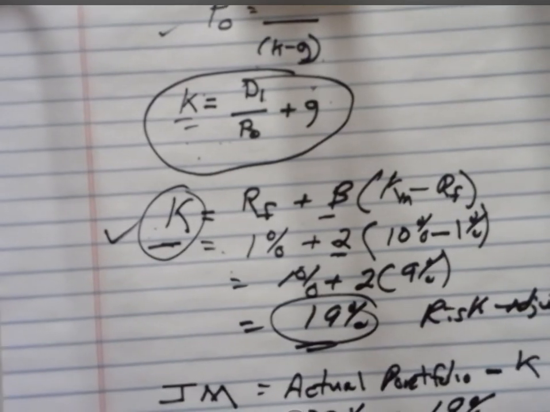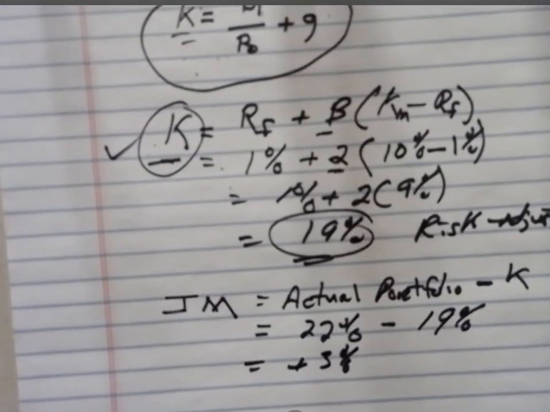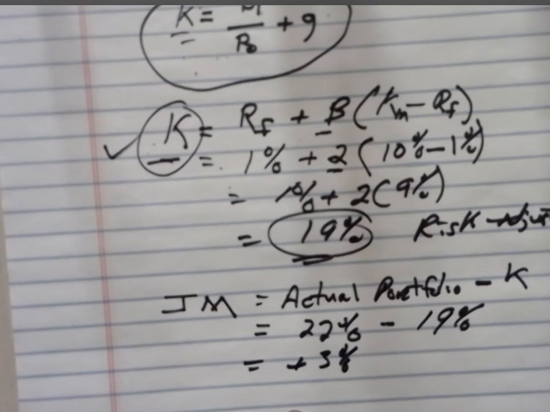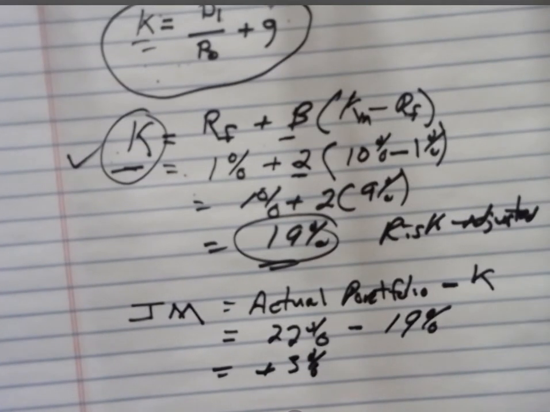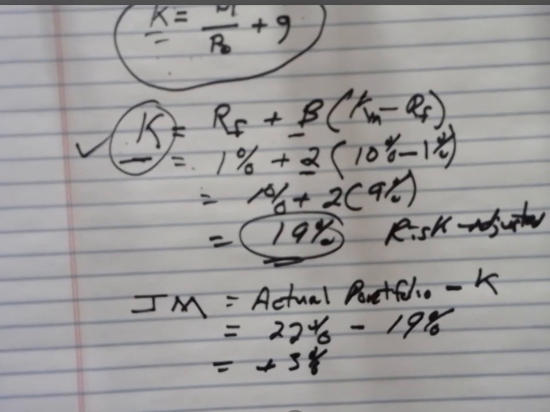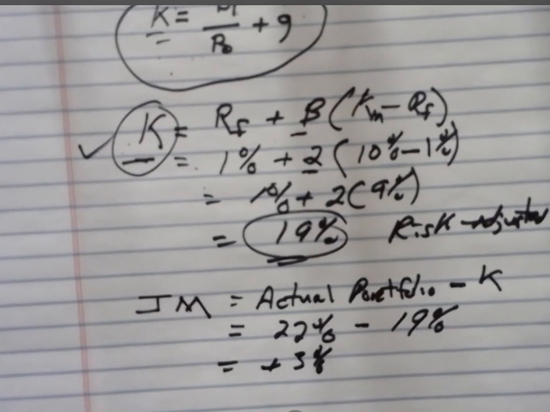I don't know if you can read that. Let me do that a little bit better. So let me go back and repeat this. Sorry about the mess. The Jensen measure indicates whether the portfolio actually outperformed the market given the risk the portfolio took, okay?